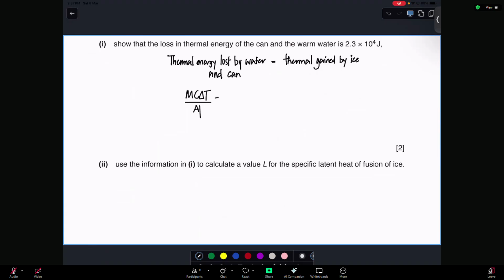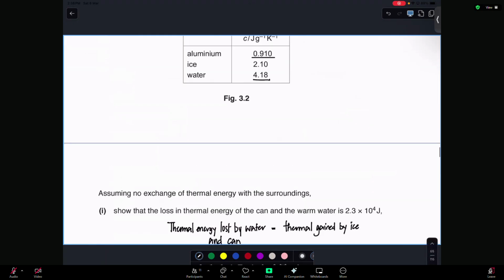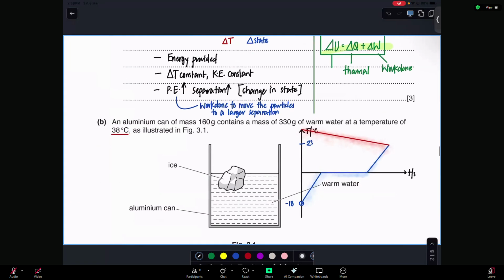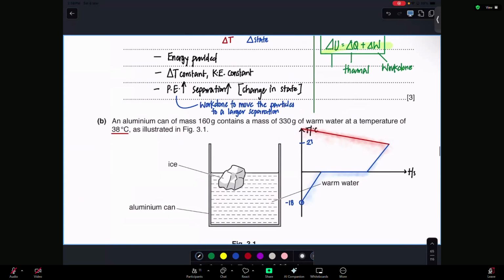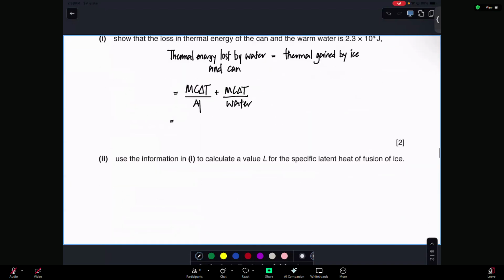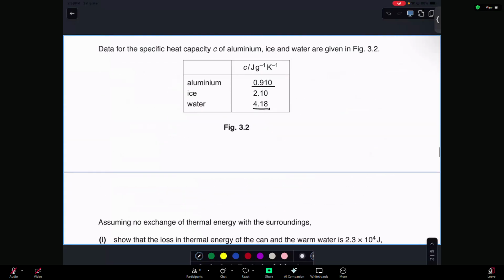Aluminum plus কি হবে এটা? mc del T for water. That's it, right? So what's the mass of the can? Do you know the mass of the can? Oh, acha. Can 160 ছিল, right? They need the can to be included.